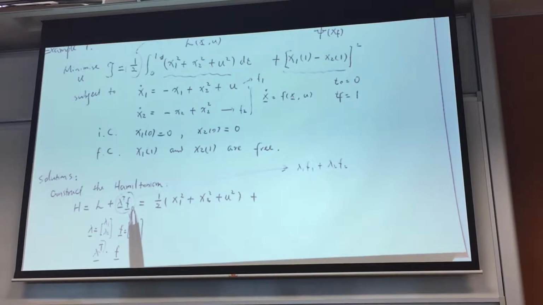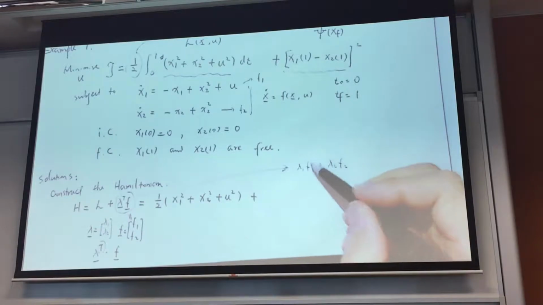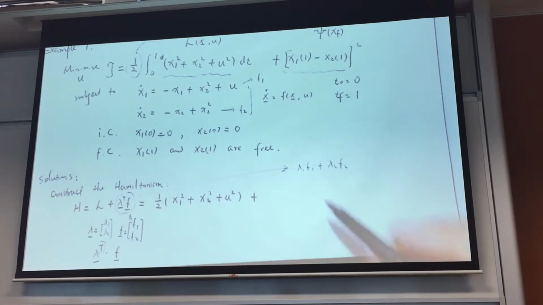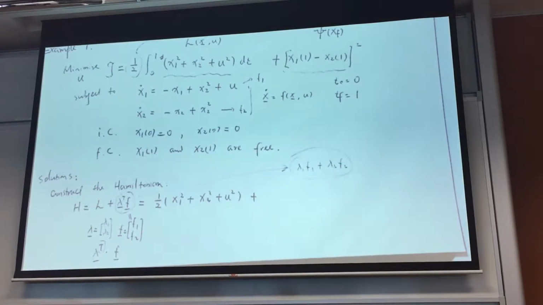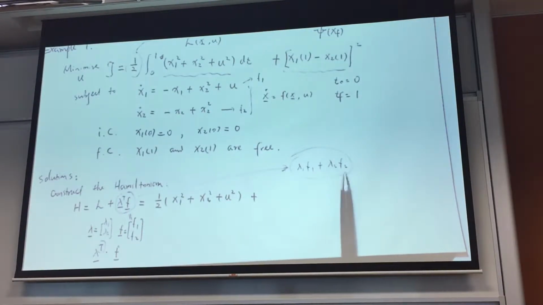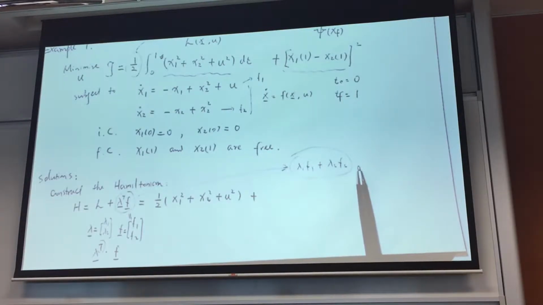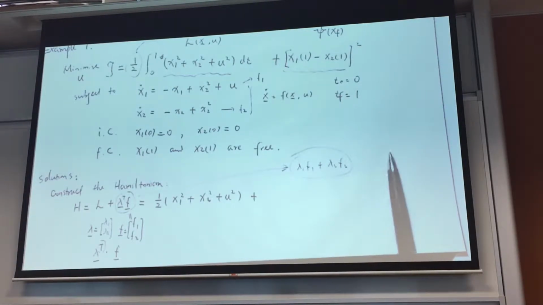If you only have one constraint, then lambda will be a scalar, so in that case we don't need the transpose. But it's much easier to remember this term this way: it just means a linear combination of all the constraints. So it's lambda 1 f1 plus lambda 2 f2. If you have another one, it will be plus lambda 3 f3.